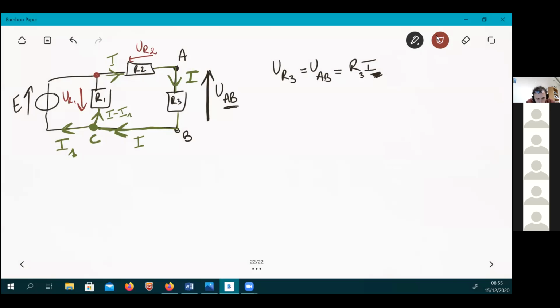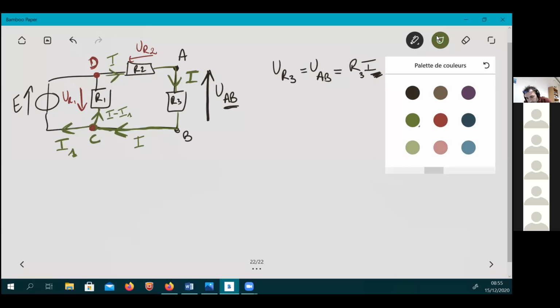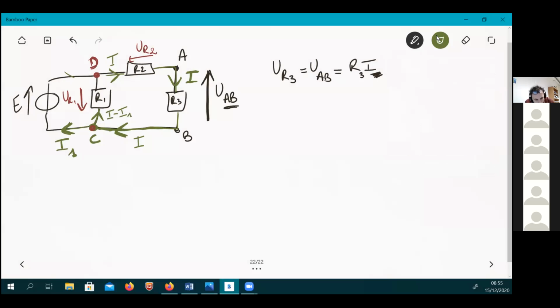And then you are done with the labeling and 80% of the job. You already applied the node law here in C. Of course, you can apply it in D, but this is useless. So you have the current I1 flowing here, I1 flowing there, then here you have I minus I1, and well, the node law is respected.